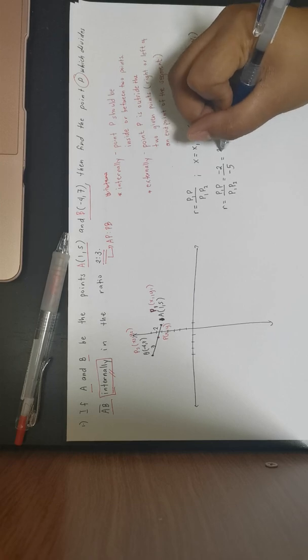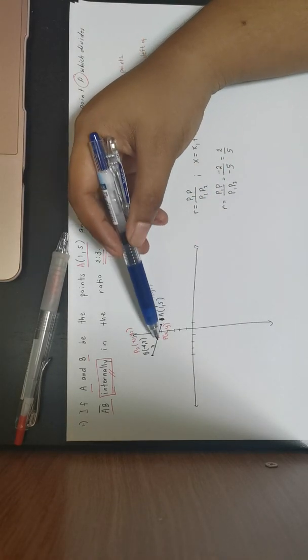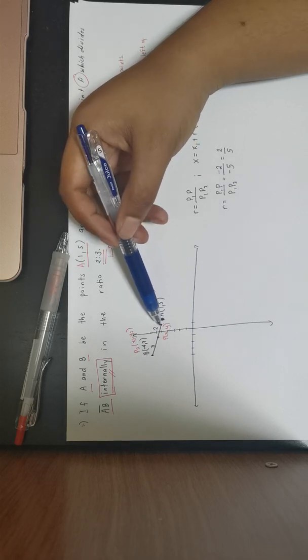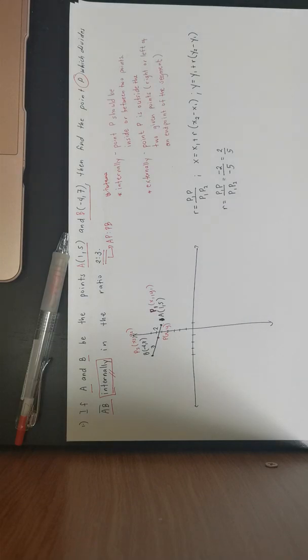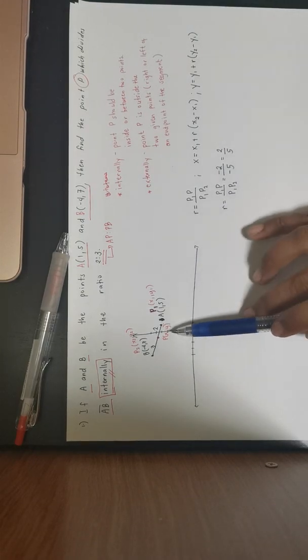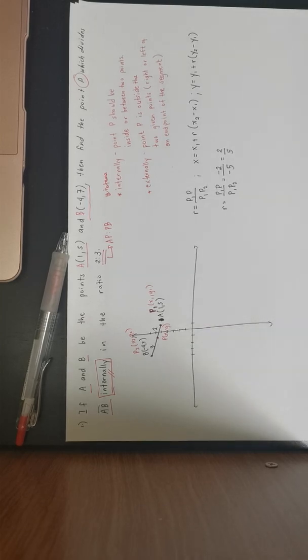So my ratio would be 2/5. It's just the same if I make this a positive direction, 2 is to 5. There's no difference for that part, but in some word problems, it might be a different scenario, so please be careful.